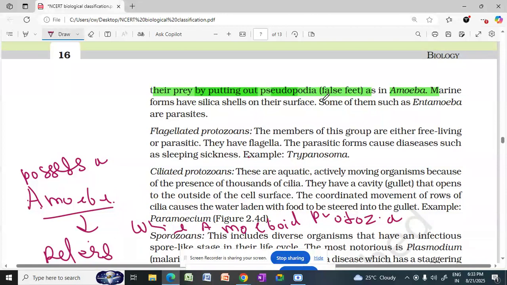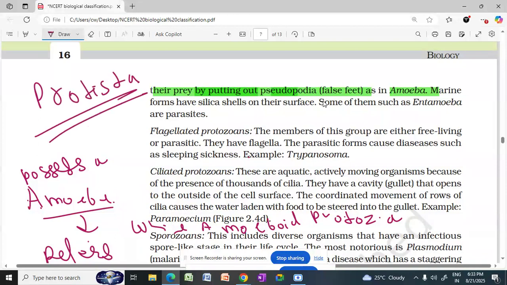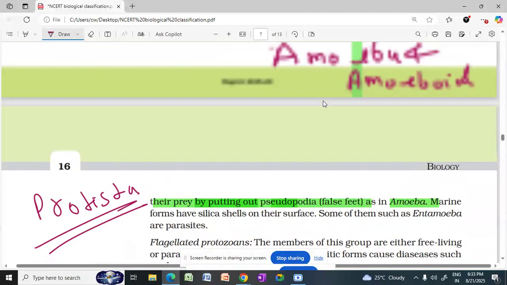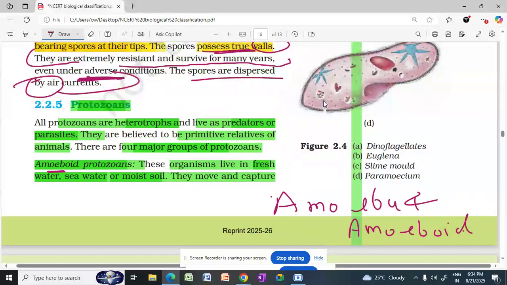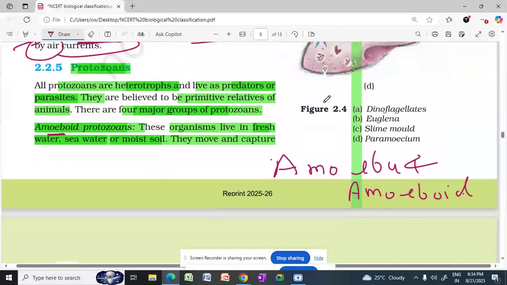Protista. Protista are unicellular. Your amoeba is also generally unicellular, so it is included in the kingdom Protista. Protozoan is not the kingdom. Protozoan is a further class, a further group.